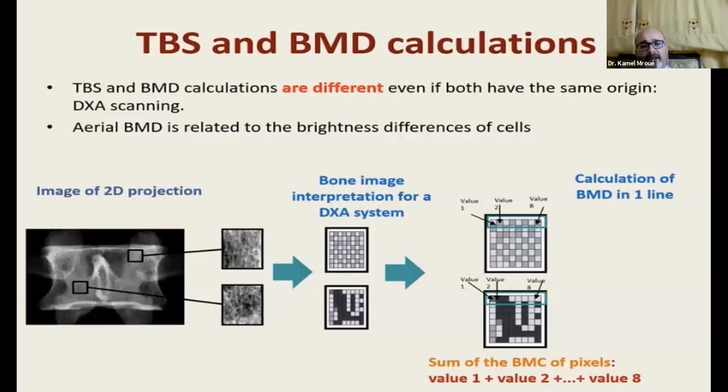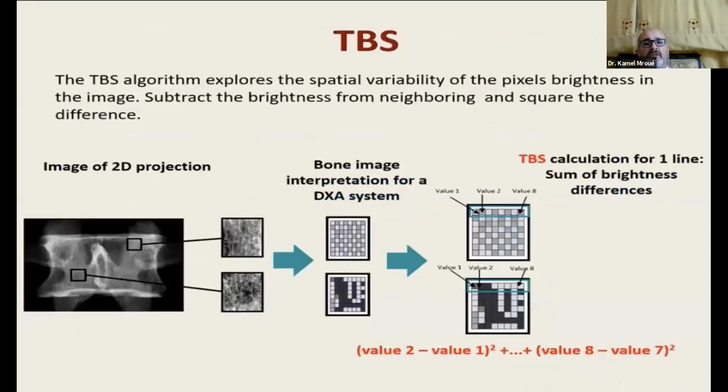the TBS is slightly different, because in the TBS we are looking at the difference in brightness between the smallest areas within these squares of bone.